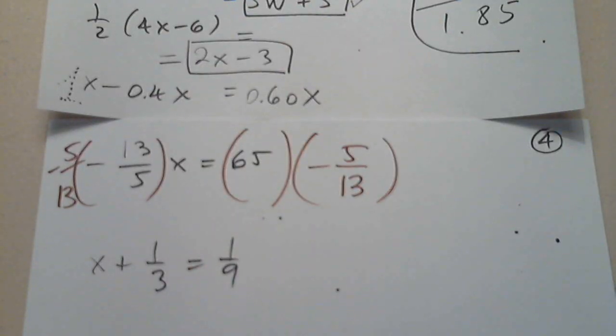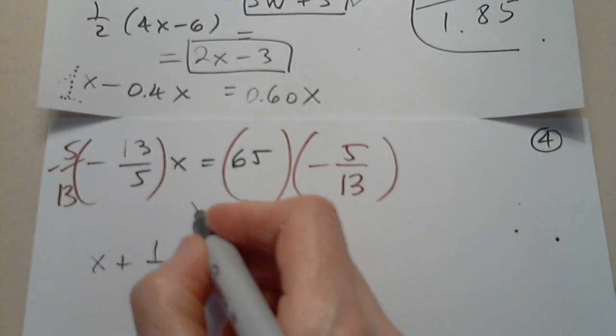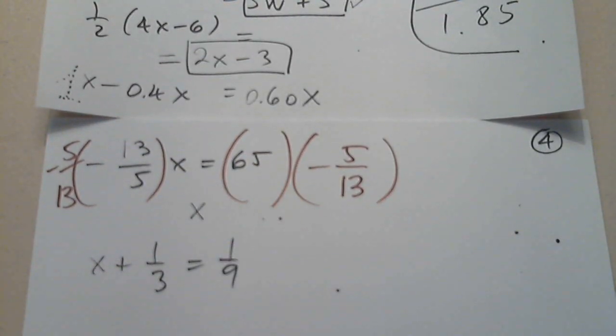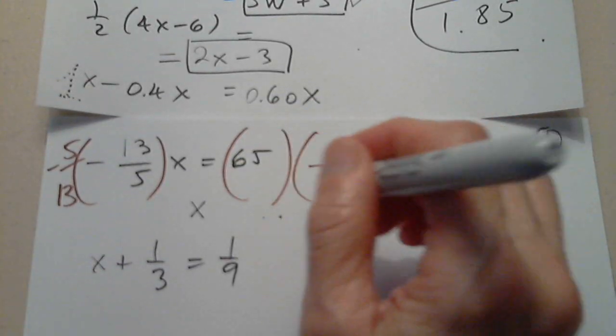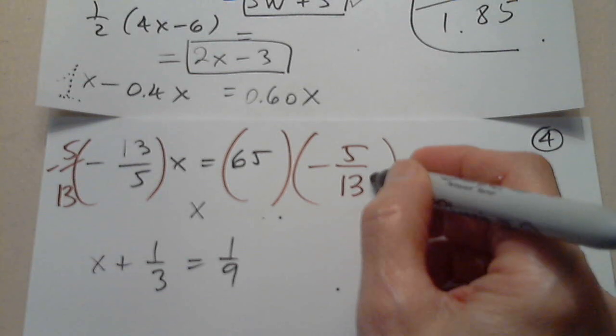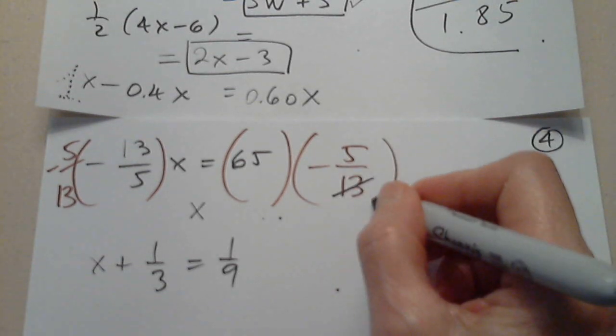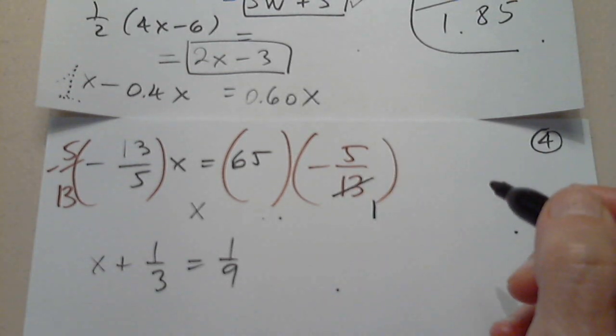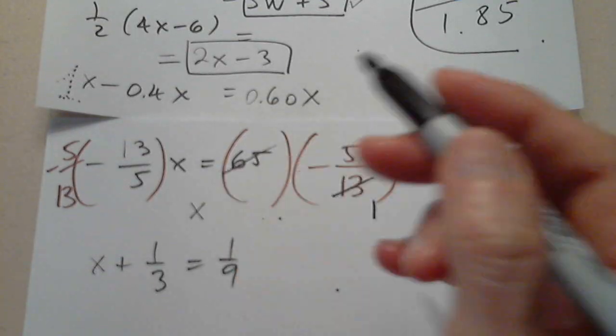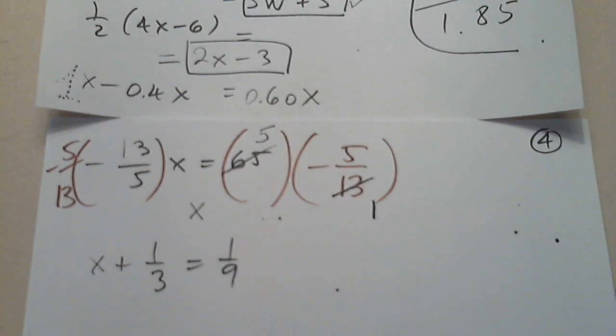Of course, that was the idea. That's why we picked this, to get simply x, plain x. Excellent, thank you. Now here, do not multiply, please. Always try to simplify, and it happens that 13 divided by 13 is 1, and 65 divided by 13 is 5.